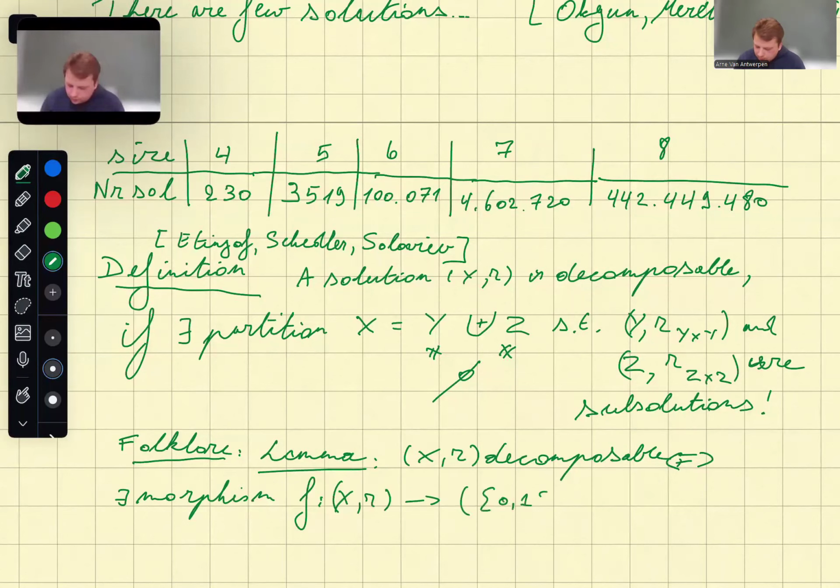What is tau? Tau will appear only once or twice in the remainder of the talk. It's just a twist. So you need an epimorphism, a surjective morphism, to {0, 1} with the twist solution. It will be the same thing.